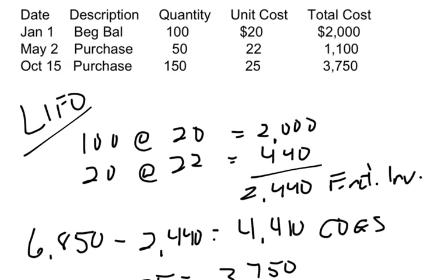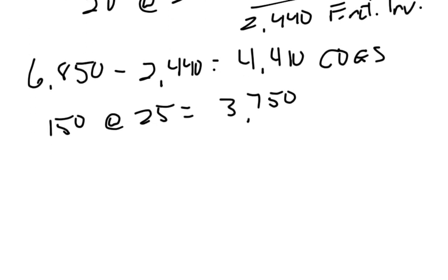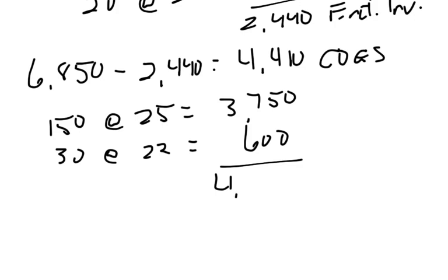All right, and then the next level is 50 at 22. Well, we have a total of 180, so I only need 30 of those. So we're going to have 30 at 22, and that's a total of 660. So if we add that up, it equals, lo and behold, $4,410.